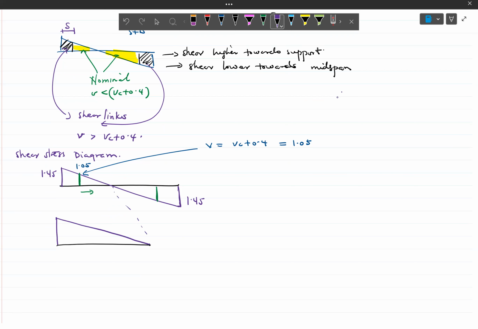Please take note, this is 1.45, and here we have 1.05. The distance from the center to the edge is half of the 6 meters, so that becomes 3 meters. Now we need to find this distance; let me call it x.